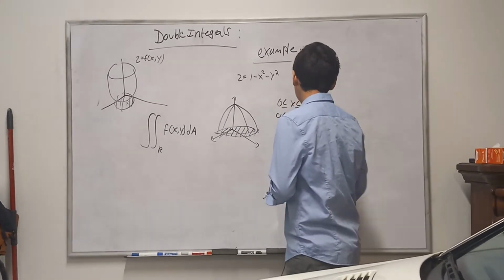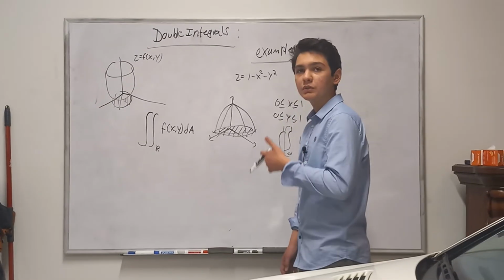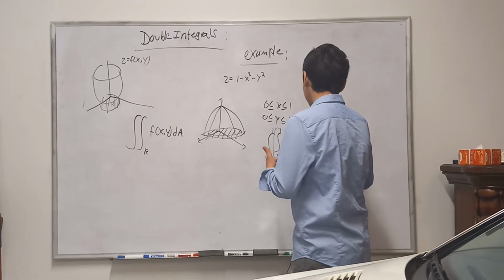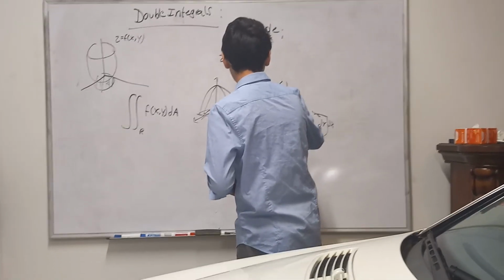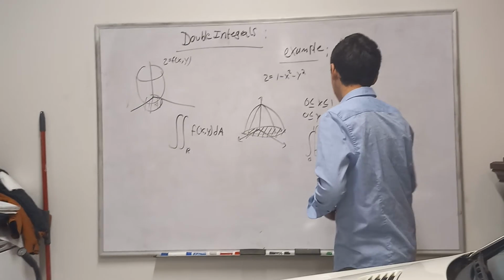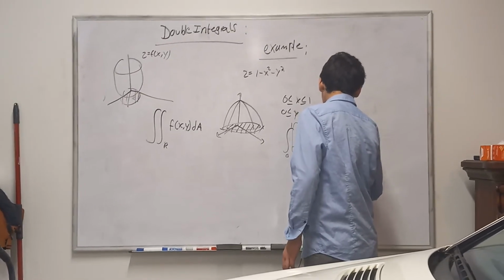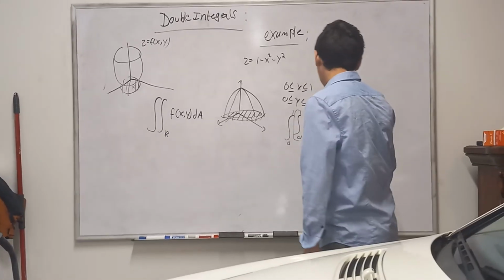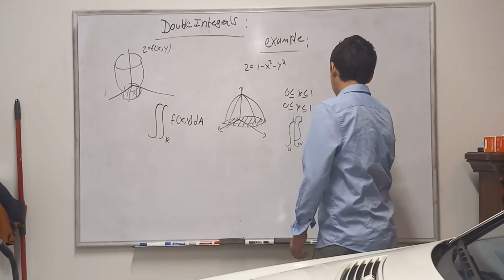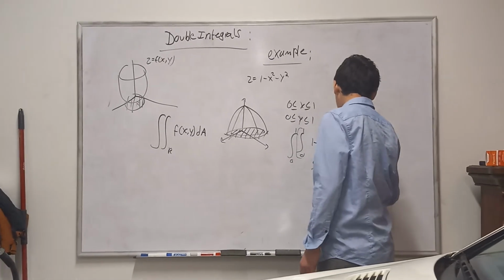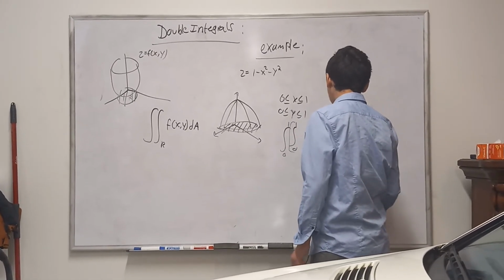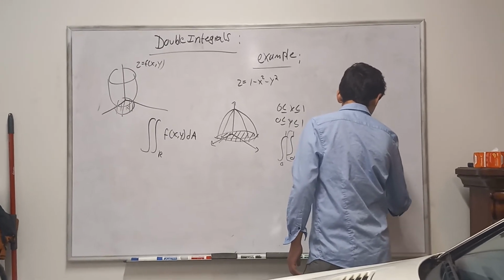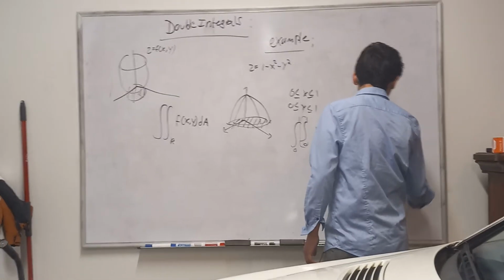So if we integrate 1 minus x squared minus y squared with respect to y, we get the integral from 0 to 1 of y minus x squared y minus 1/3 y cubed, and then we plug in our bounds, 0 to 1.